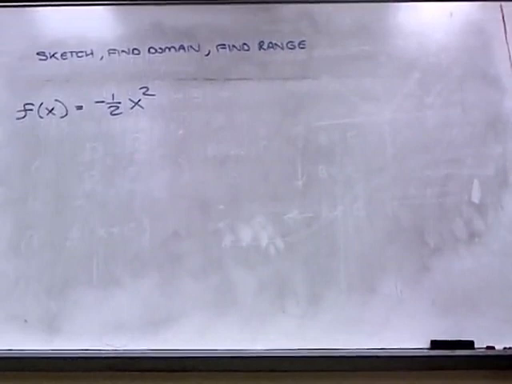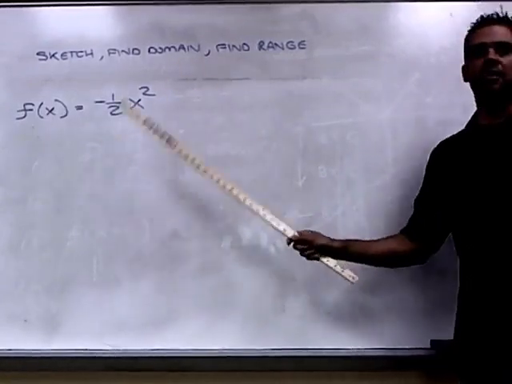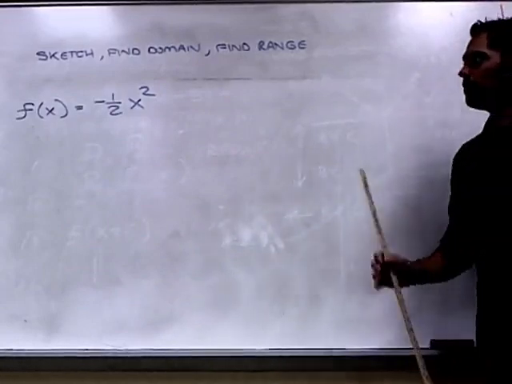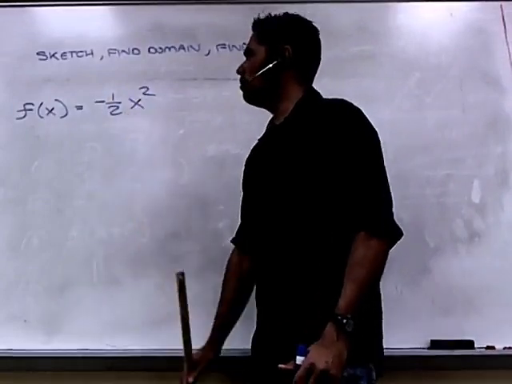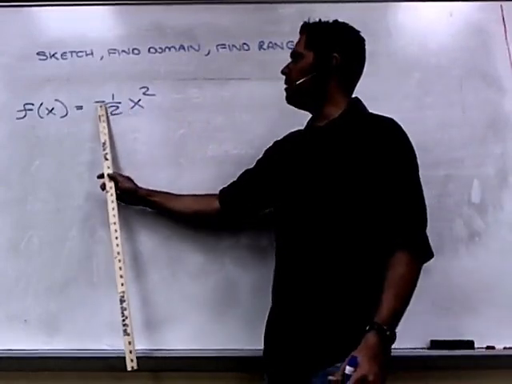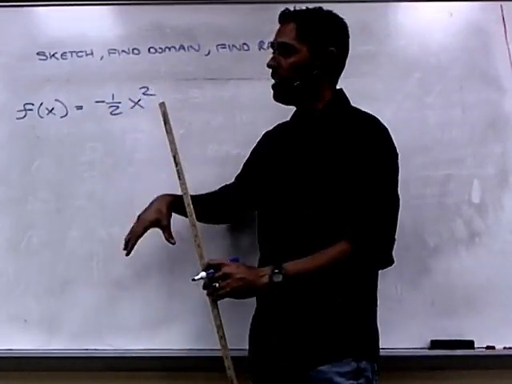The squaring, right? Talk to me about the transformations here. It's a parabola, but what is this doing to it? What does a negative sitting in front of my function do? Flips it over the x-axis, right?